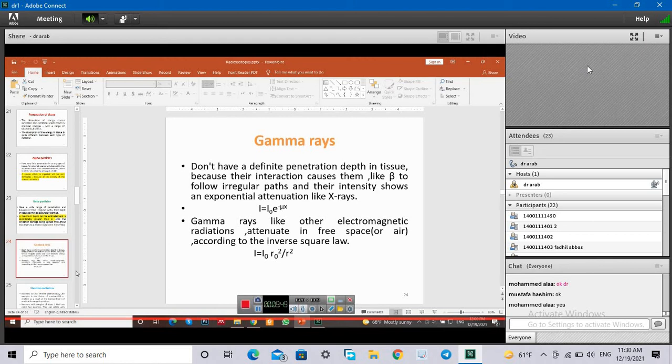We can conclude that gamma has an exponential attenuation, such as X-ray. As with other electromagnetic radiation, the attenuation of gamma rays in tissue is proportional to the inverse square law.